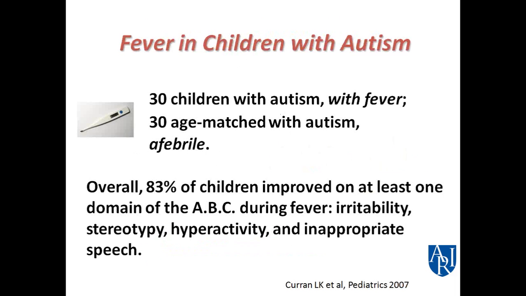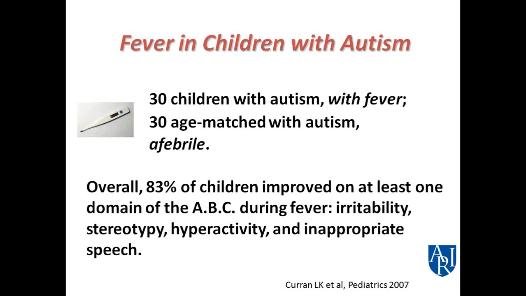Now, we've been interested in fever and the fever response in children with autism, and you probably know that at least 20 or 25% of children with autism have an easily recognizable improvement in autistic features during illness and fever.